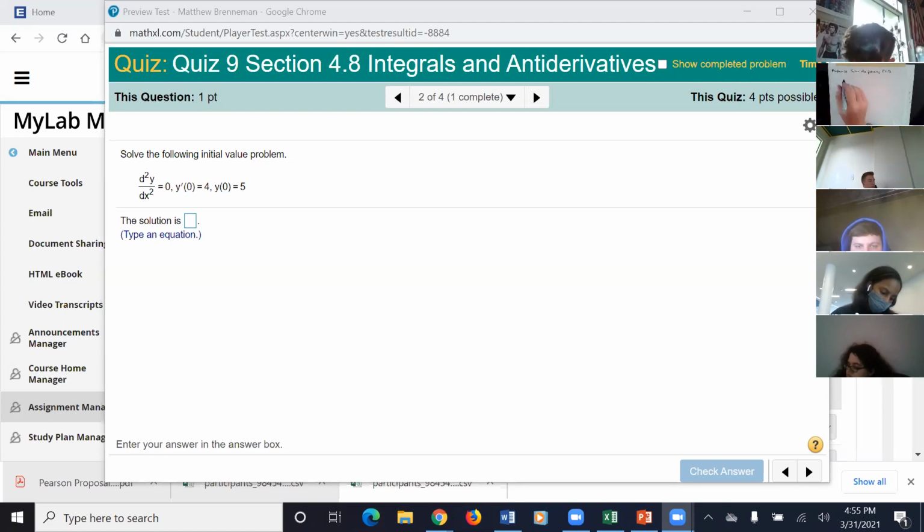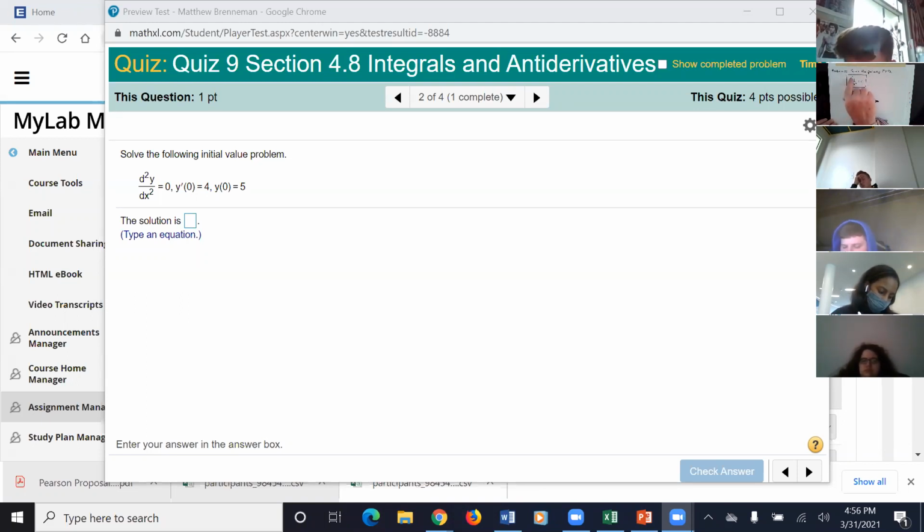Remember, with an initial value problem, we have to have a differential equation. So this is our differential equation, which is just a mathematical way of saying we have an equation that has a derivative in it.